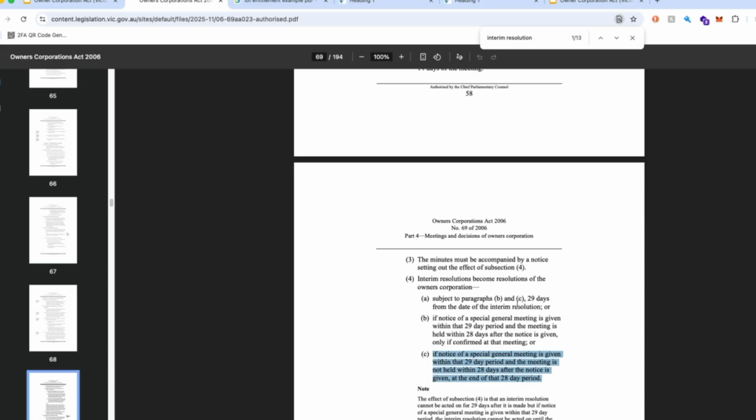But basically what it means is that within that 29 days, if it's not challenged, or even if someone wants to challenge it but is not able to notify enough lot owners to address the problem, then under the OC Act, the interim resolution does become a resolution, effectively in a compliant way.